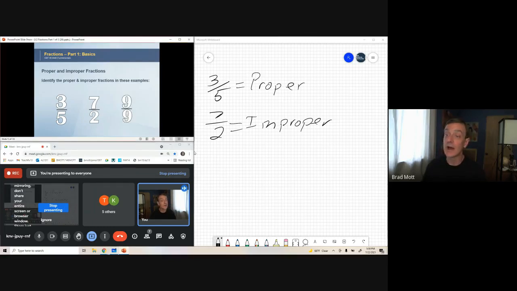And 9/9 is another example of a proper fraction. It's also equivalent to 1. And that little fact, if you put one number over itself, it is equivalent to 1, is also going to be useful next week when we're solving some proportions.